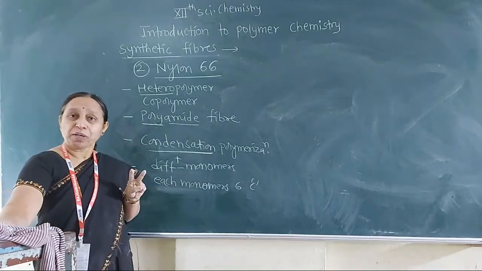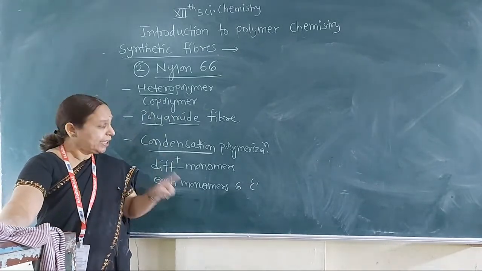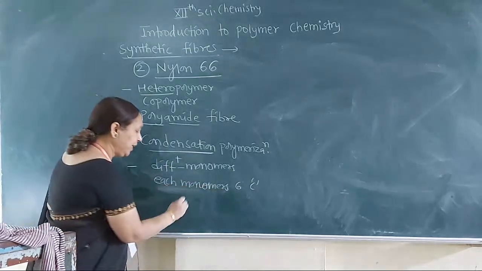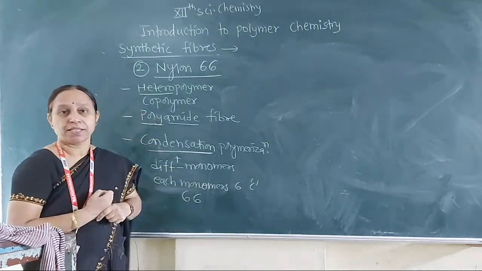As two different monomers take part in the reaction, each has 6 carbons, it is known as 66.